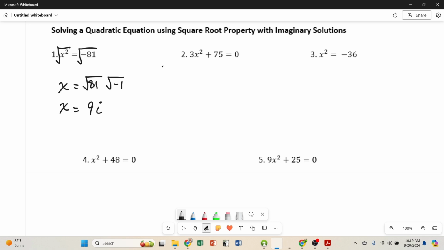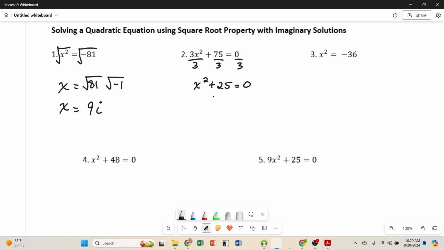Now we want to get x squared by itself. So I'm going to divide everything here by 3, including 0, just to be in that habit, a good habit. So dividing everything by 3 gives me x squared plus 25 equals 0.